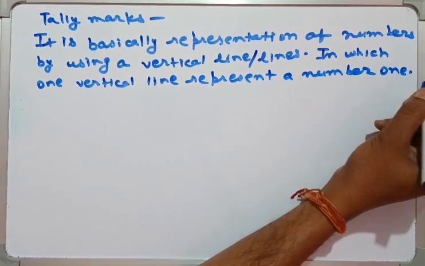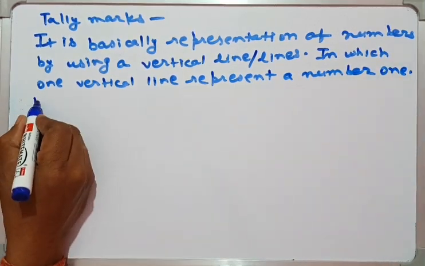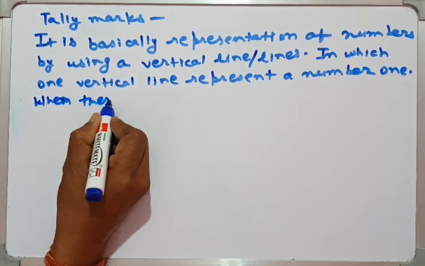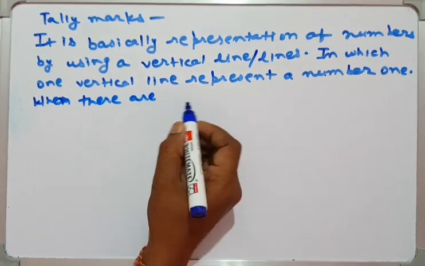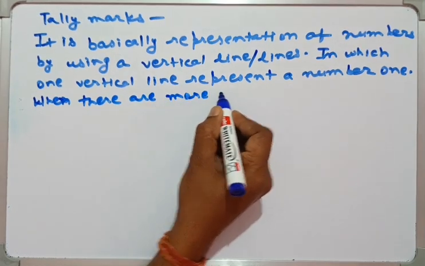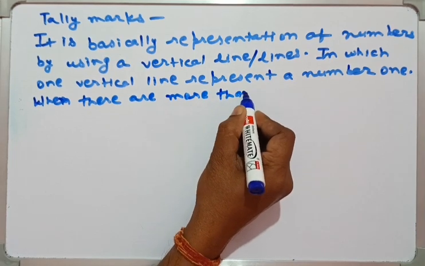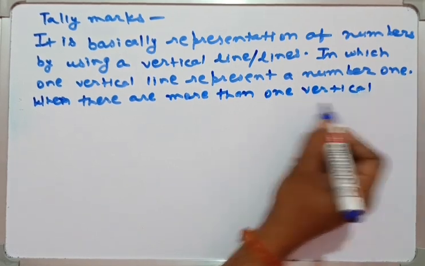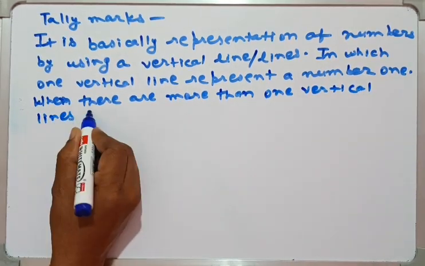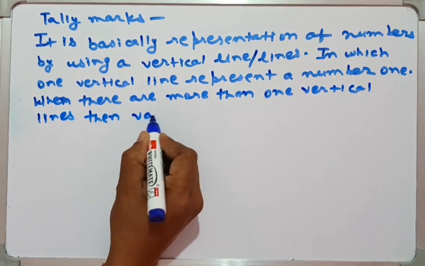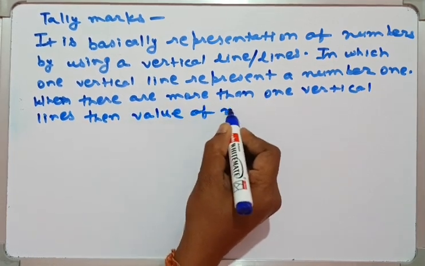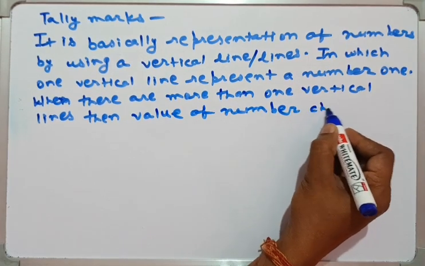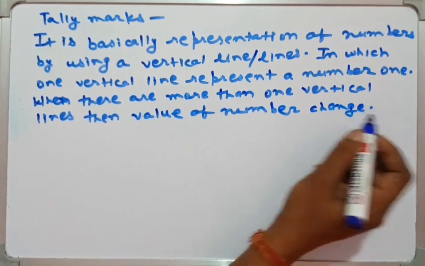Okay guys, when there are more than one vertical lines, then the value of the number changes.